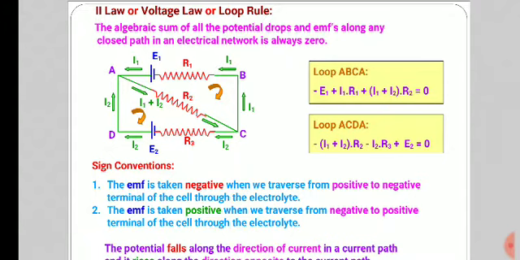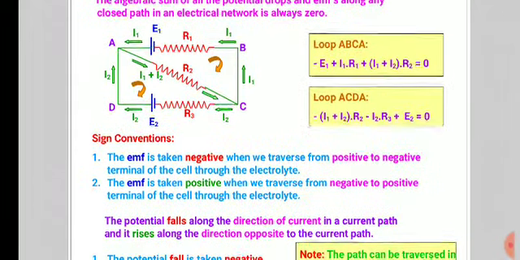The EMF is taken negative when we transfer from the positive to the negative terminal of the cell through the electrolyte, and the EMF is taken positive when we transfer from the negative to the positive terminal of the cell through the electrolyte.